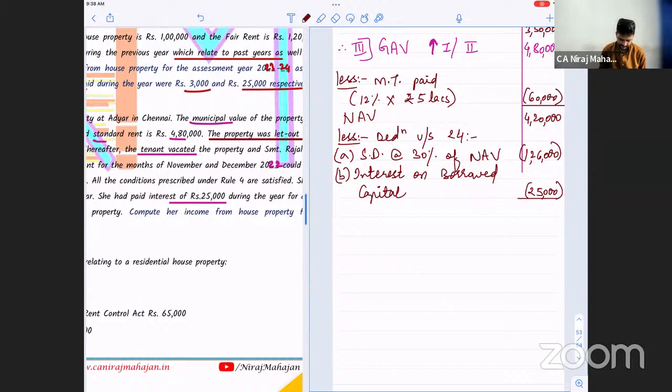That is income from house property. 269, right? $2,69,000.